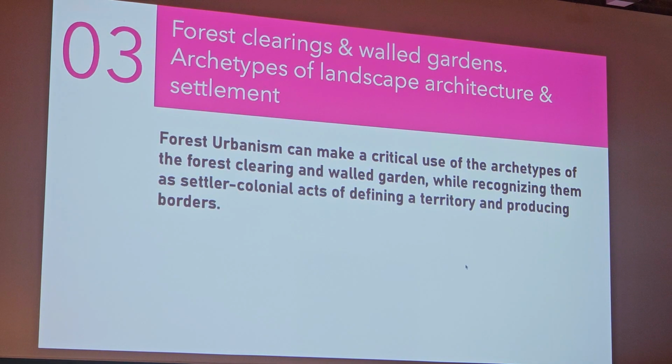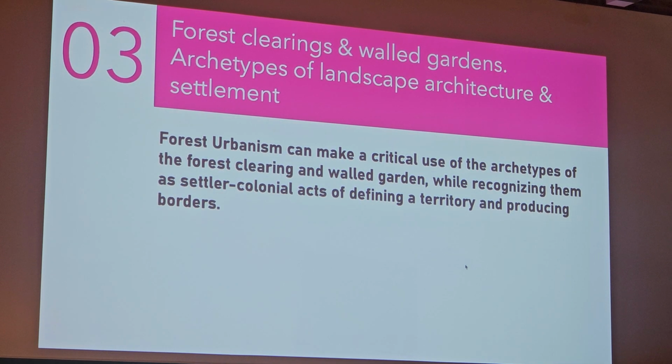But also for us, understanding, and this is using the categorization of Christophe Giraud, the man who built the course of landscape architecture. He says actually that the way we make landscape architecture follows two base topologies.